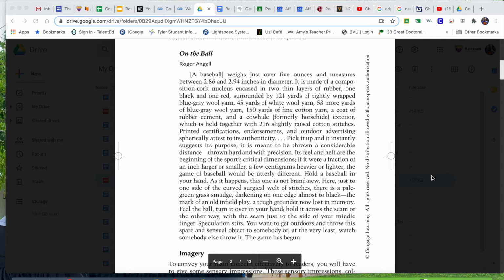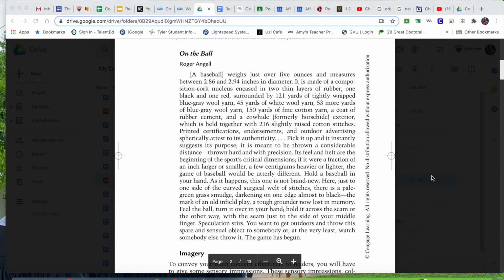It is made of a composition cork nucleus encased in 2 thin layers of rubber, one black and one red, surrounded by 121 yards of tightly wrapped blue-gray wool yarn, 45 yards of white wool yarn, 53 more yards of blue-gray wool yarn, 150 yards of fine cotton yarn, a coat of rubber cement, and a cowhide, formerly horsehide, exterior, which is held together with 216 slightly raised cotton stitches. Printed certifications, endorsements, and outdoor advertising spherically attest to its authenticity.